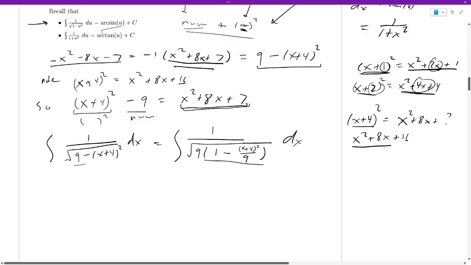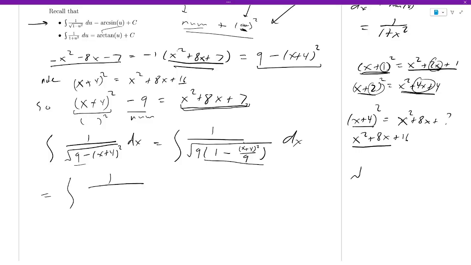Okay, I'm pretty happy with that for a couple reasons. Number one, I can actually pull this 9 out. Remember, one of my square root rules is that if I ever have square root of something times something, that's the same as square root of the first thing times square root of the second thing. So here I have square root of 9 times square root of all this stuff.